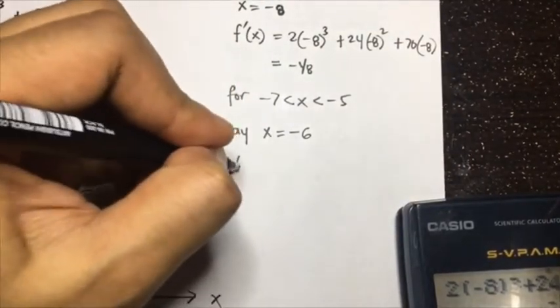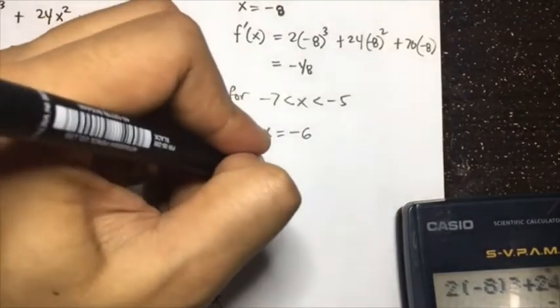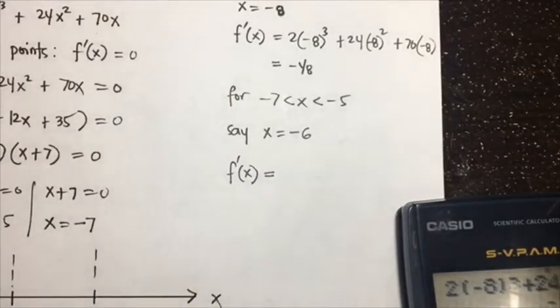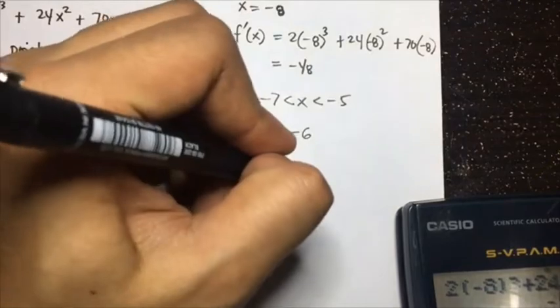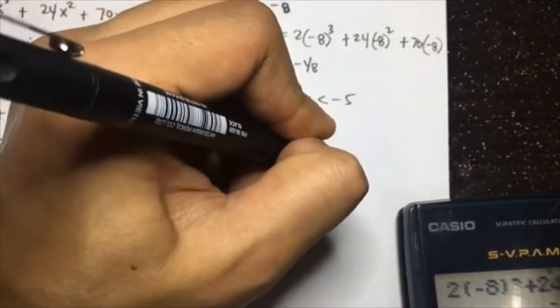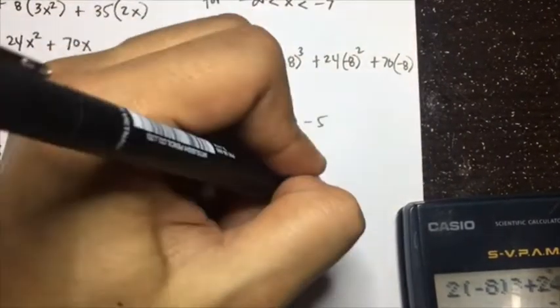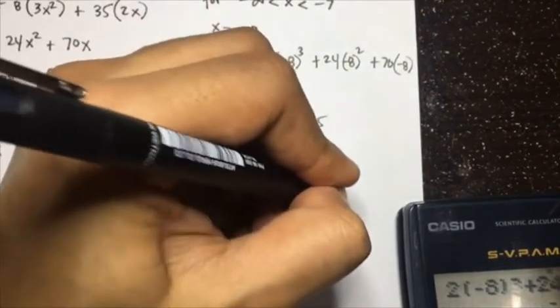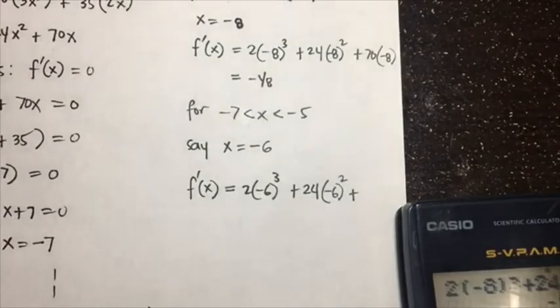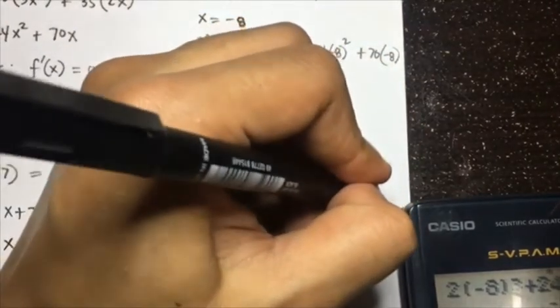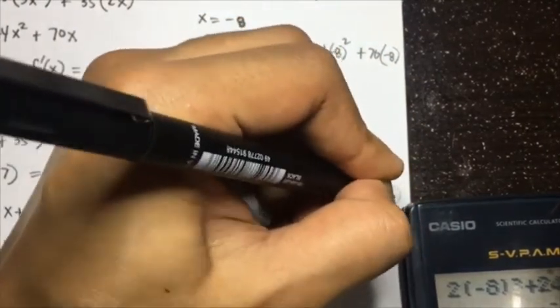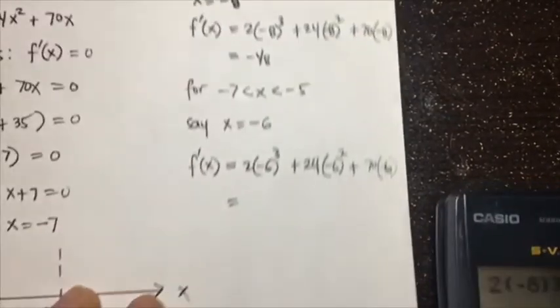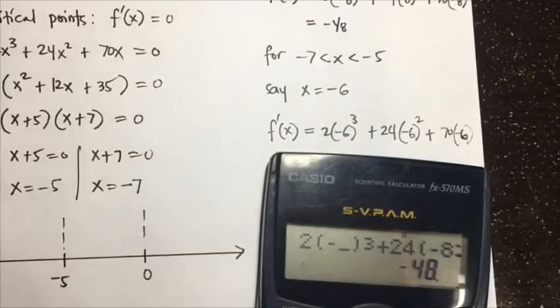So f prime of x is equal to 2 times negative 6 cubed plus 24 times negative 6 squared plus 70 times negative 6. So all we need to do is replace x with negative 6.